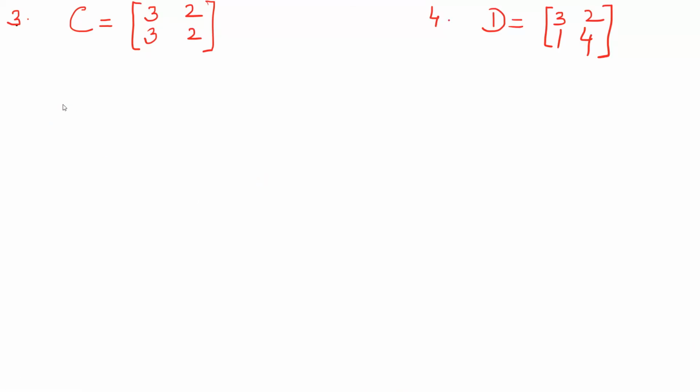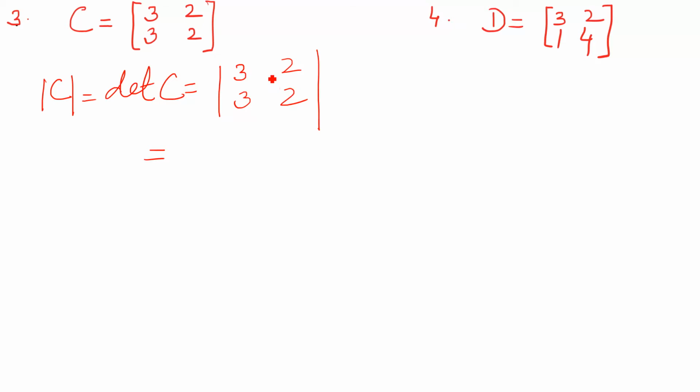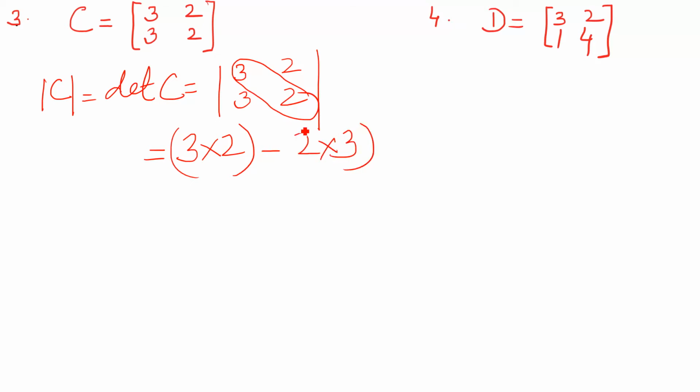One more question, right? Determinant of C. First we write down 3, -2, 3, 2. And then like this, you multiply 3 by 2, and -2 by 3. Always keep in mind, we have to use the negative sign.